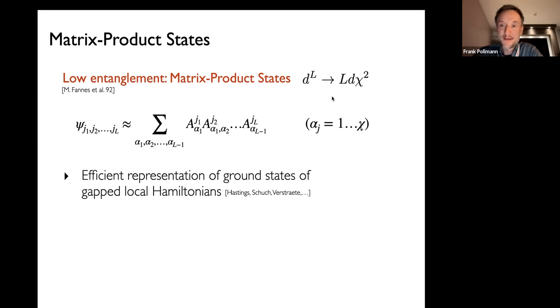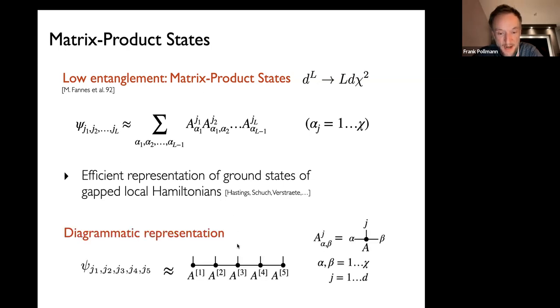The upshot, and this is what's really important, is that if this is justified, we can reduce the number of parameters from something that grows exponentially with the system size to something that grows only linearly with system size. That's extremely helpful for many simulations.